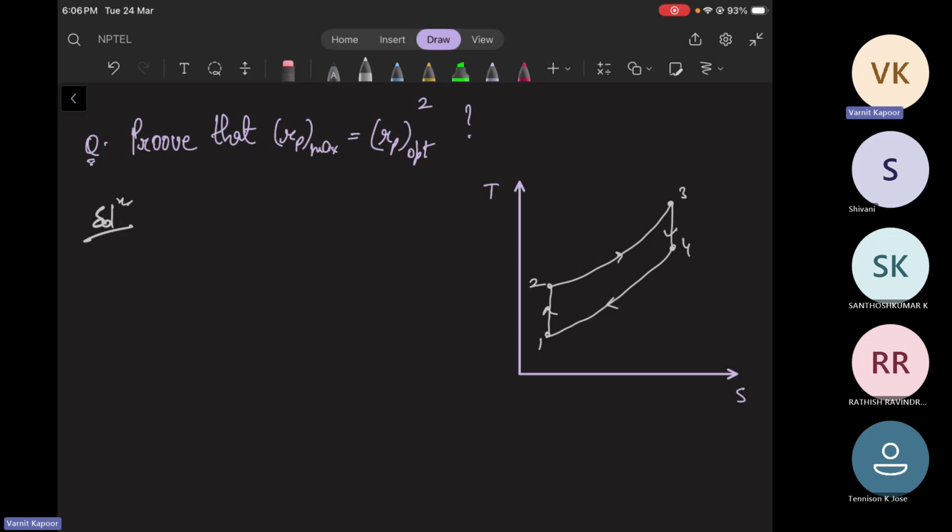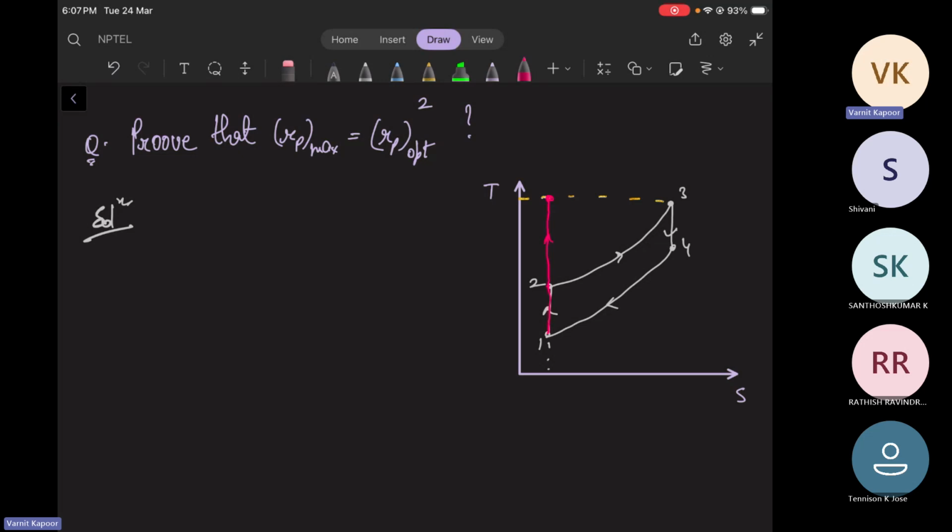Entropy is constant along the compression. If I'm saying my pressure ratio to be maximum, the condition is that from 1 to 2 I am directly going to 1 to 2 dash.